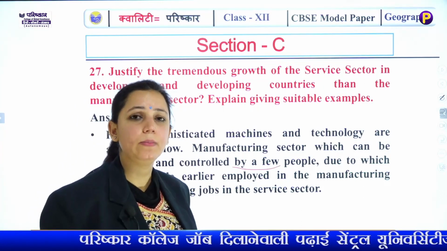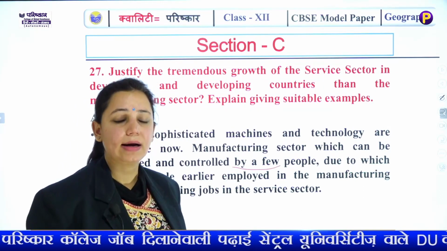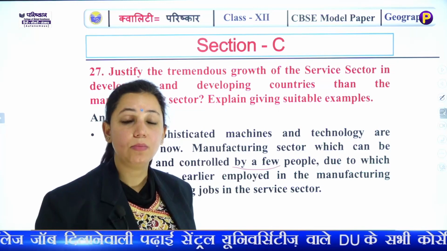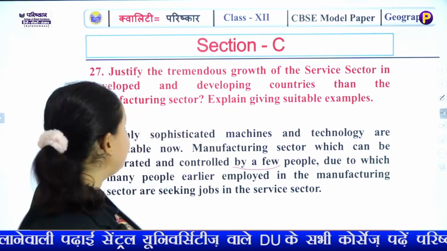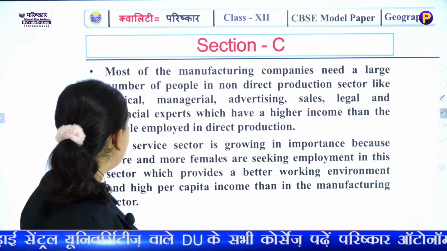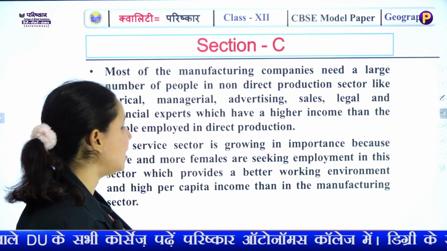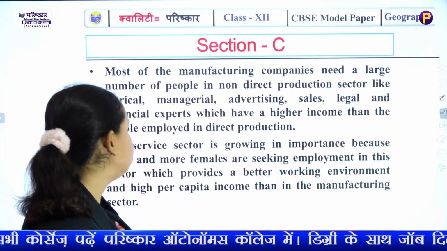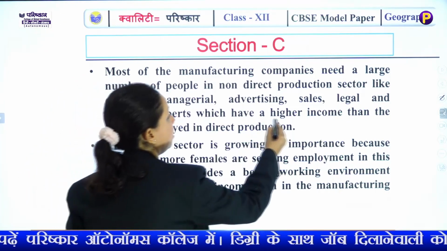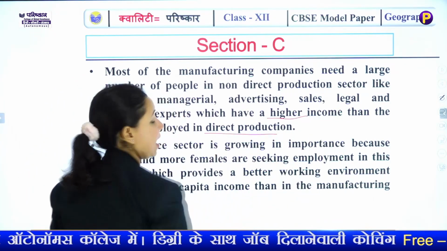Now the service sector is a growing market in both developing and developed countries, so it is attracting more people and providing more job opportunities. Most of the manufacturing companies need a large number of people in non-direct production, and they have high income than the people engaged in direct production.